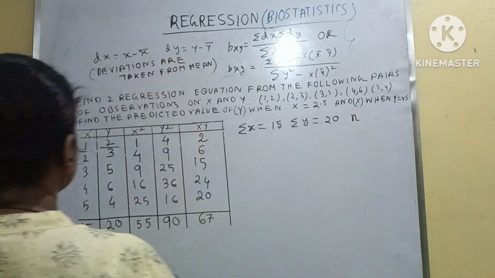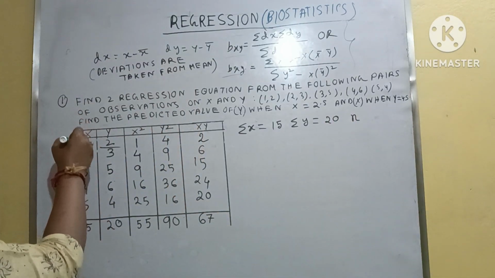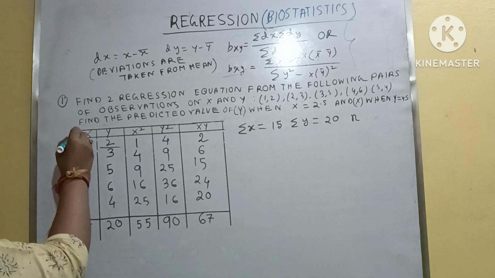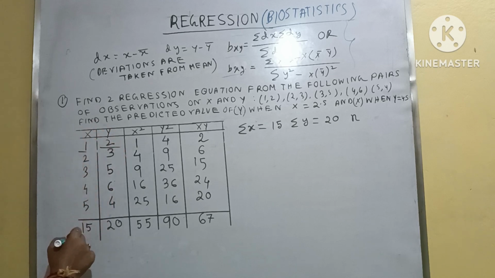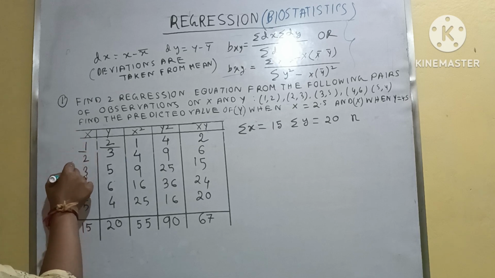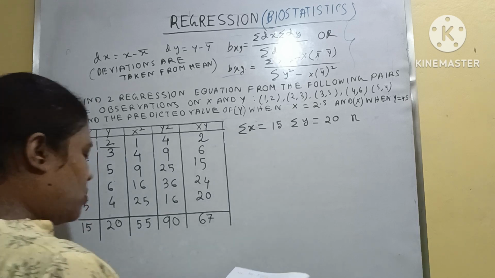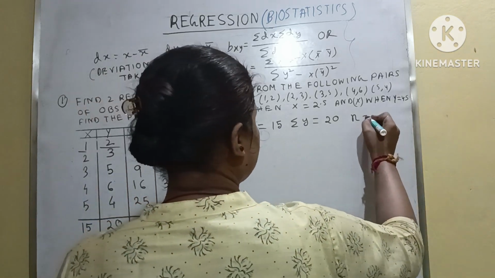N means how many numbers or values there are. That means for x and y, the two variables, what are the values of x? 1, 2, 3, 4, 5. These are the number of values. So n equals 5.